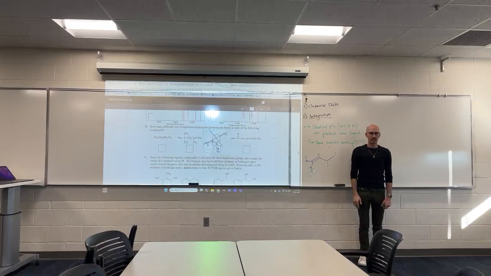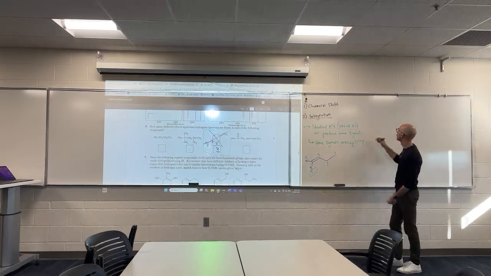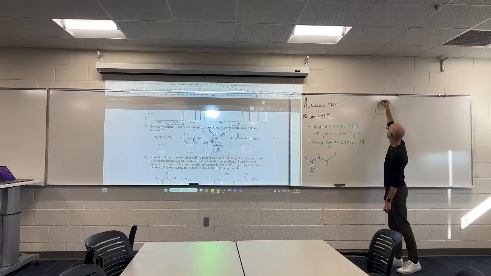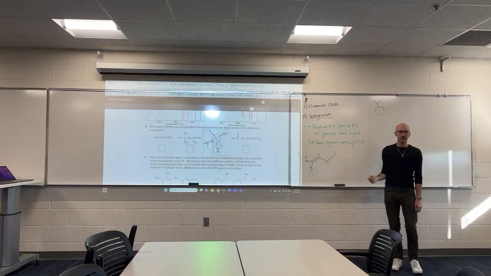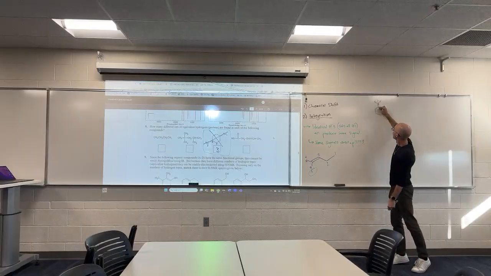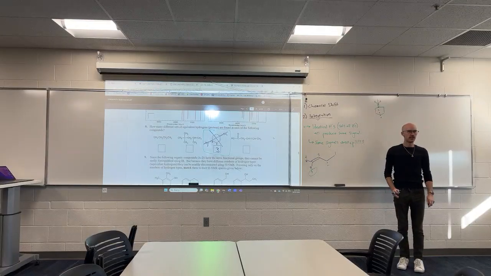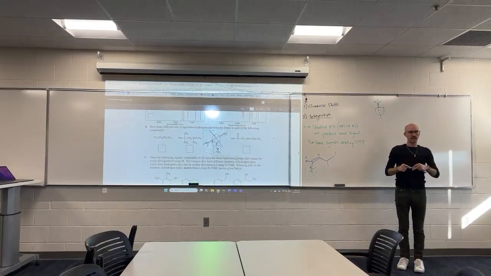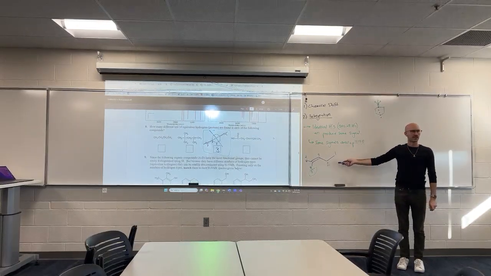Unless, of course, there's symmetry. Those CH2s are symmetric to each other because of the plane of symmetry in the molecule. So, 9 times out of 10, it's asymmetric. But there are instances where it is symmetric.